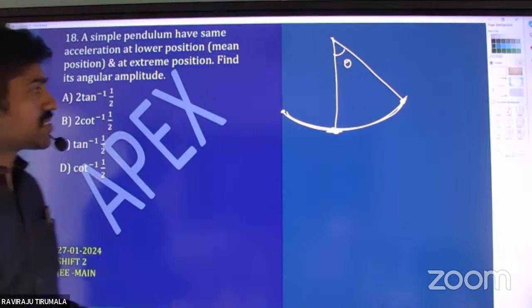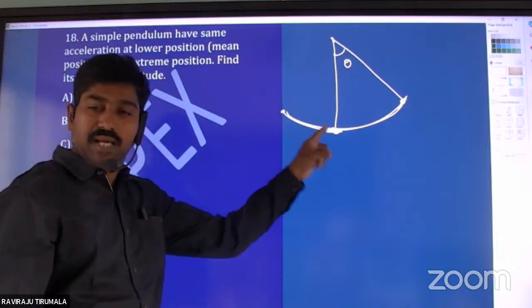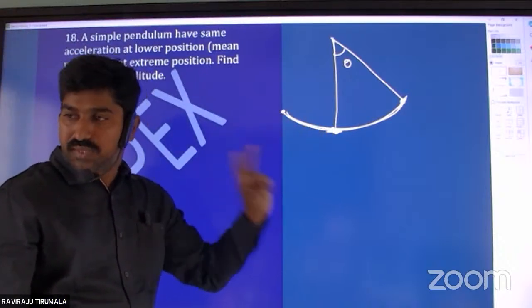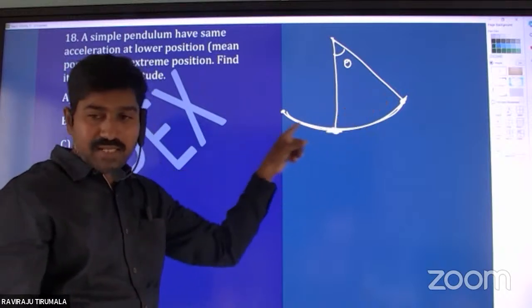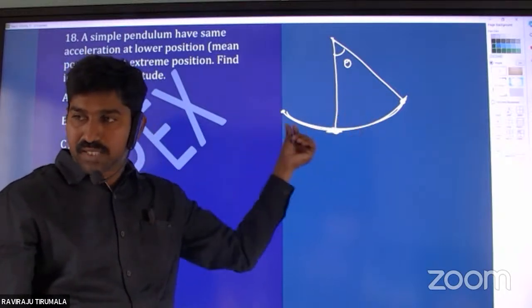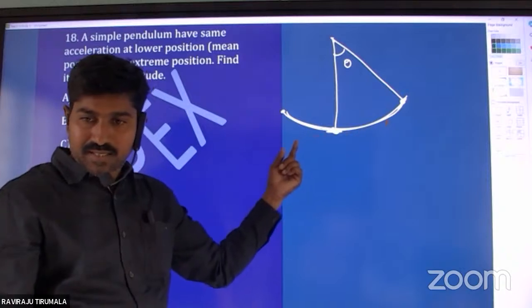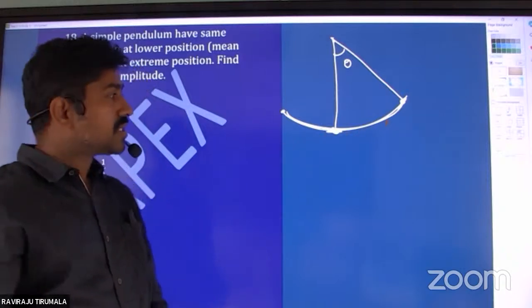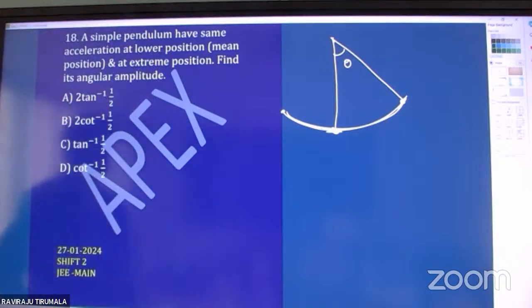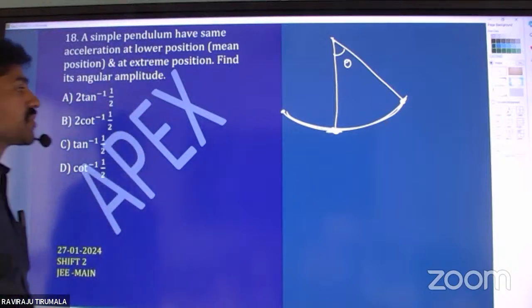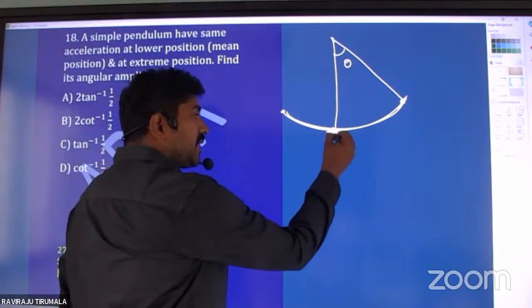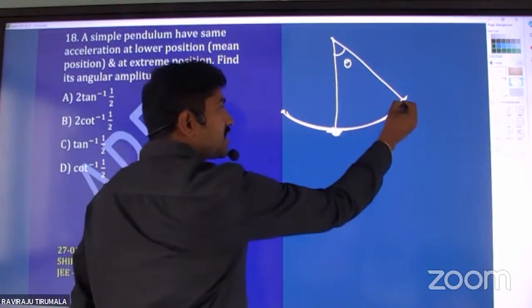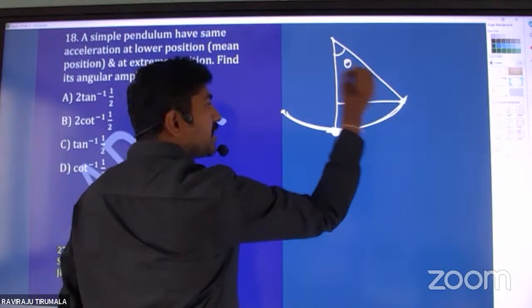What type of accelerations does this particle have? Two things. Centripetal acceleration, it is a part of a circle only, no? Centripetal acceleration and tangential acceleration. Also kinetic energy, whatever it has at the bottom, when it reaches this extreme position the same becomes potential energy.